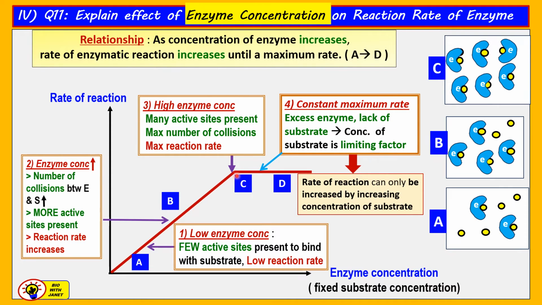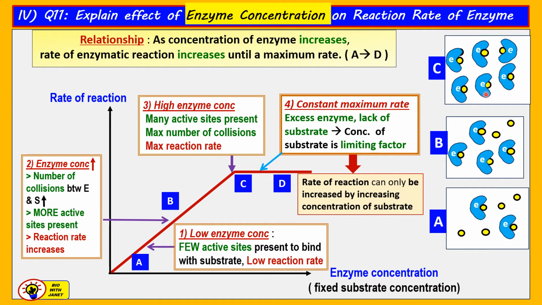Now, as you continue to increase the enzyme concentration, you reach a maximum rate. So at high enzyme concentration now, you have many active sites present. There's the maximum number of collisions, and sites are used in the catalysis and the reaction with the substrate, which is represented by the yellow circles here.